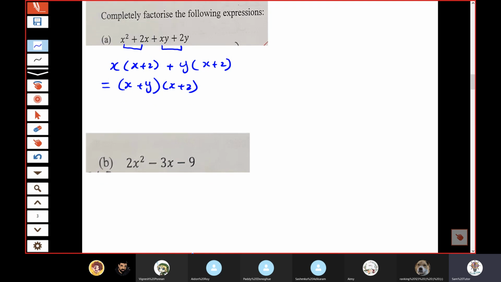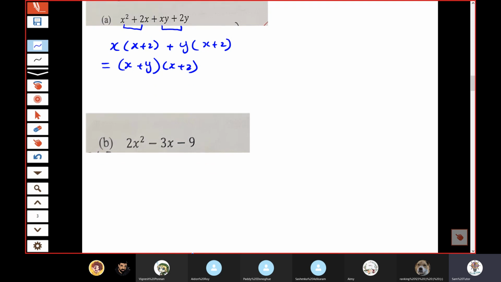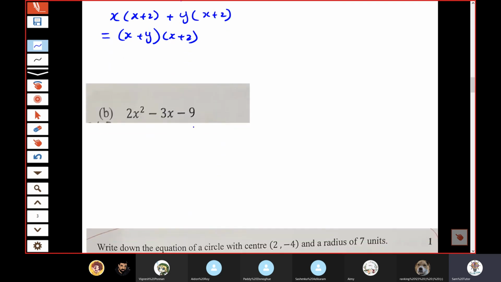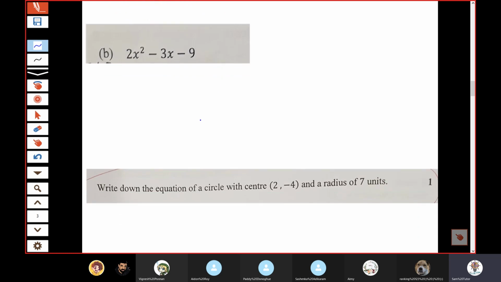Okay, let's do another one. 2x squared take away 3x minus 9. You've got to factorize. The way I taught factorizing of trinomials was the cross method. You've learned it the PSF method or any other method, that's up to you. So 2x and x, 2 numbers that multiply to get you 9. That would be 3 and 3. And then 6, 2 times 3, 6.